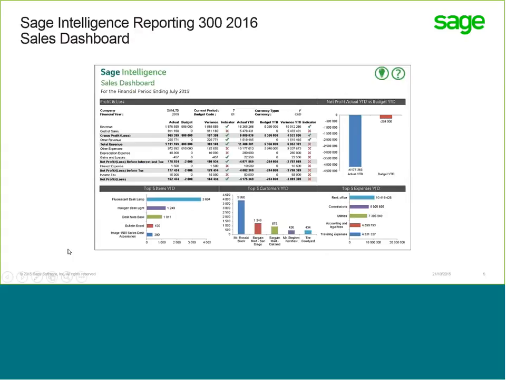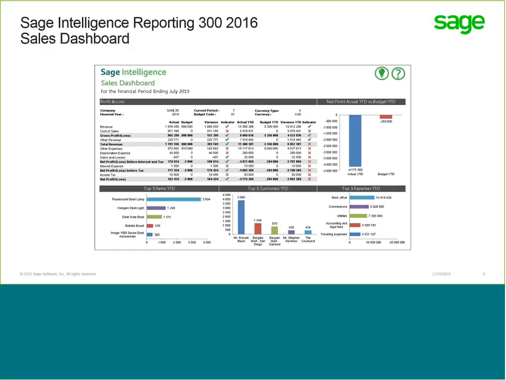And here's another example. The Sage Intelligence Reporting 300 2016 version actually has two different versions of the sales dashboard. Maybe some of you on the line work with Sage 300. Those of you that might be with Sage 100, you have different types of dashboard reports, but you do have a dashboard report. This is just an example.